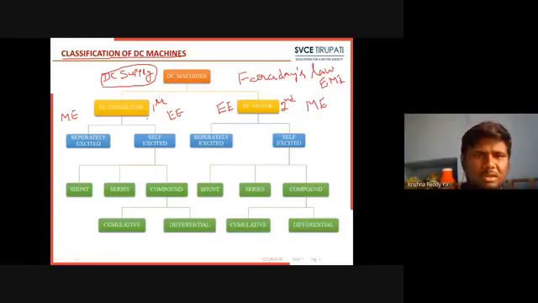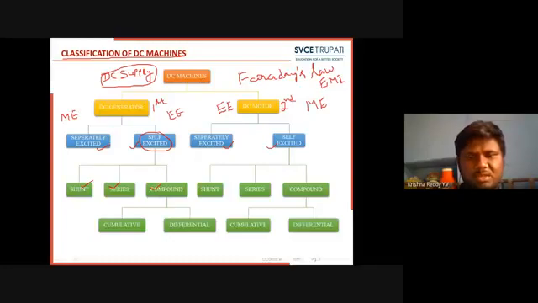Depending upon the excitation given, DC generators are classified into separately excited and self-excited. Similarly, DC motors are classified into separately excited and self-excited DC motors. Again, based on how the field winding is connected across the armature, they are classified into shunt DC generator, series DC generator, and compound DC generator.